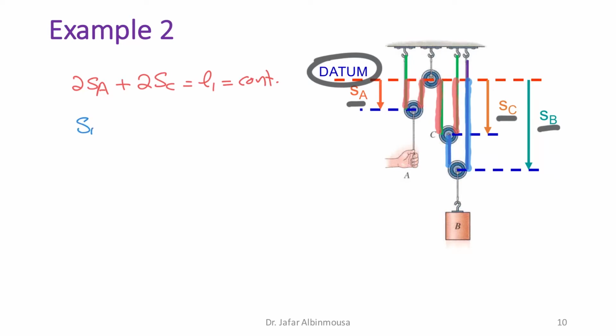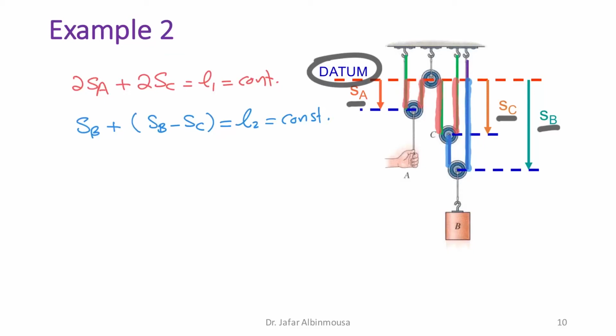So this is SB plus this little segment. That little segment is equal to what? It is equal to SB minus SC, which is equal to L2, which is equal to a constant.